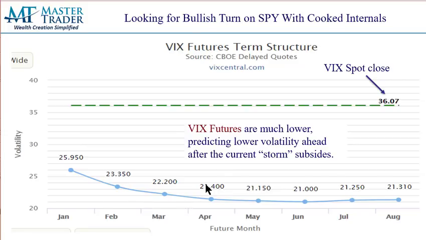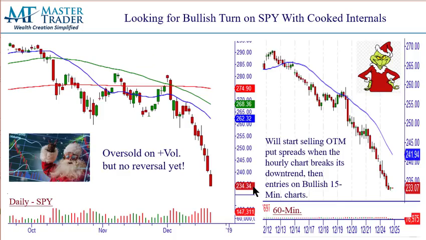But since we're in the middle of this storm, I call it, this nasty December sell-off, that's why it's so high. So these future markets are predicting contracting volatility. This, coupled with our strategy of market internals and then looking at the charts, is why we love this strategy. The internals just gave us a green light.